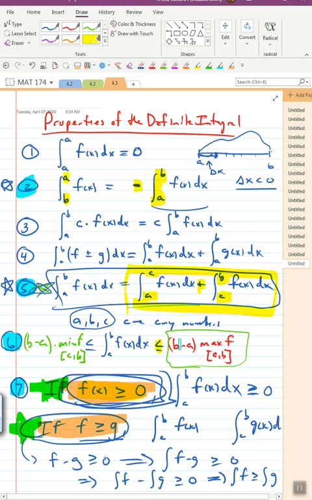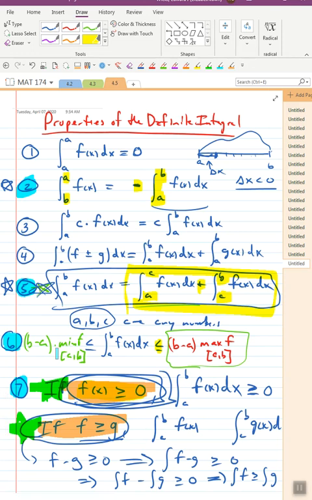Number 6 is using the upper and lower estimates, which is basically our circumscribed and inscribed rectangles. And then number 7 is just talking about bounding integrals by looking at which function is bigger. So if those all make sense, your homework will ask you a few little questions about these, which are pretty easy questions. But then we'll need some of these with what we're going to start doing tomorrow.